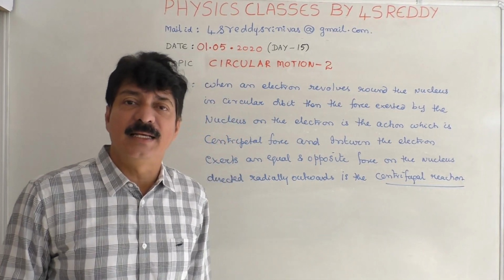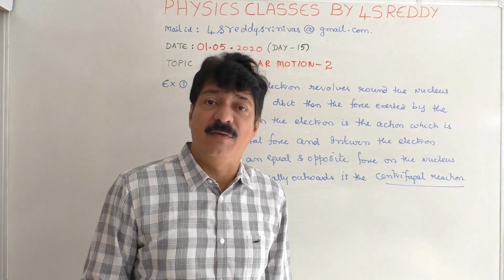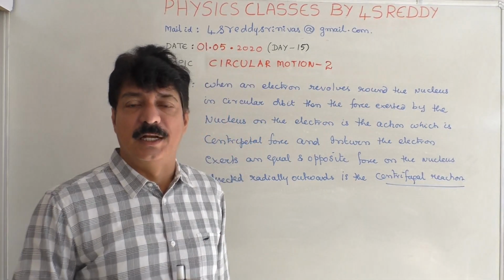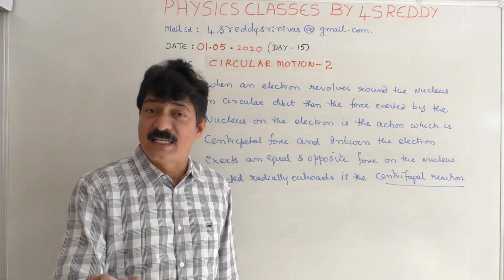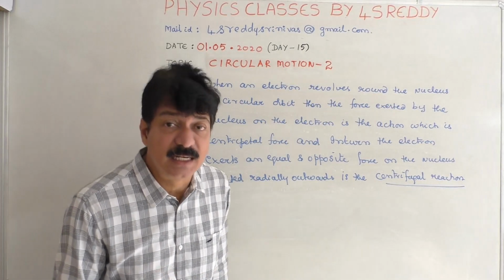Similarly, another example that we said: whenever a satellite revolves around the earth in an orbit, the force exerted by the earth on the satellite is the action, which is centripetal force.